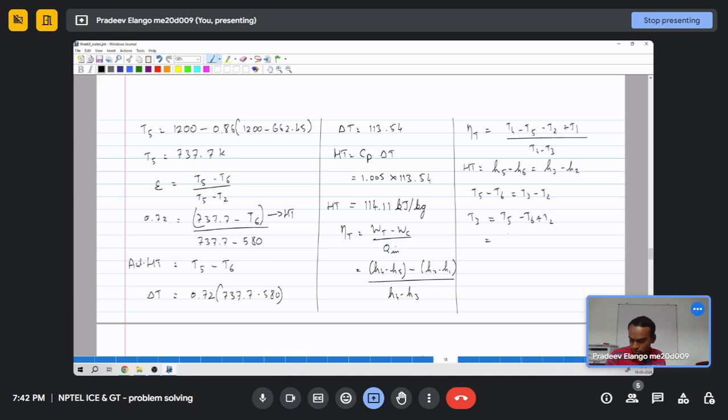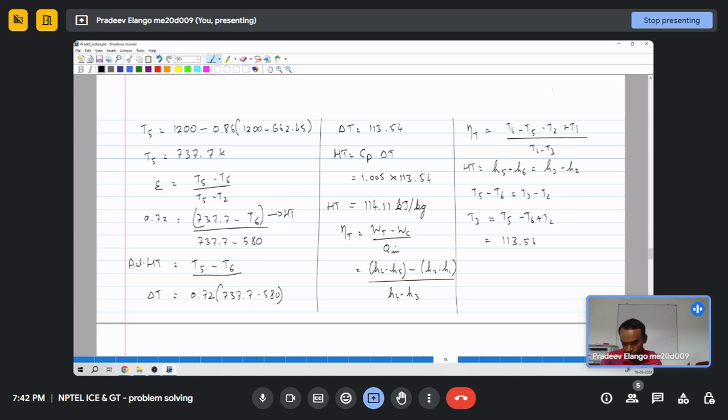T5 is 737.7, minus T6. Here we have T5 minus T6 directly, so we can write that. So that is 113.54.